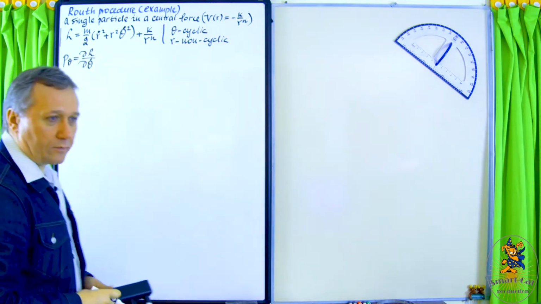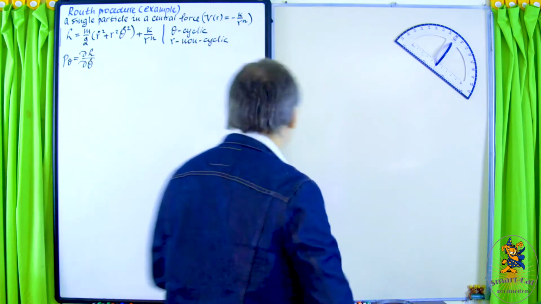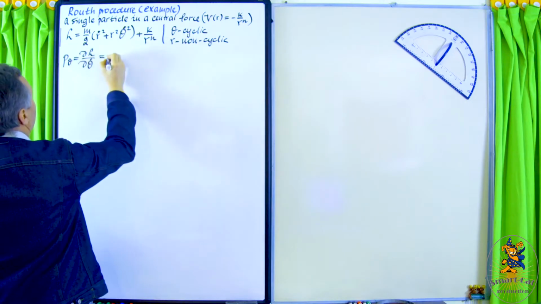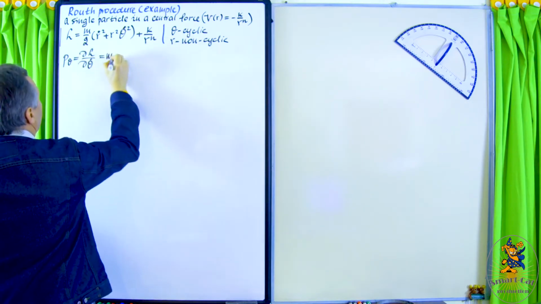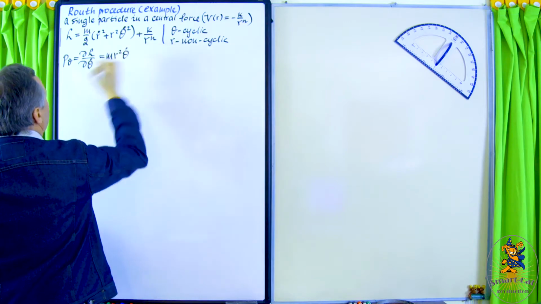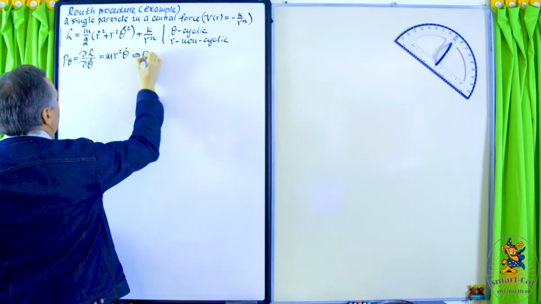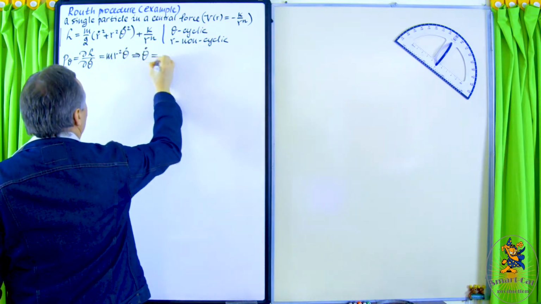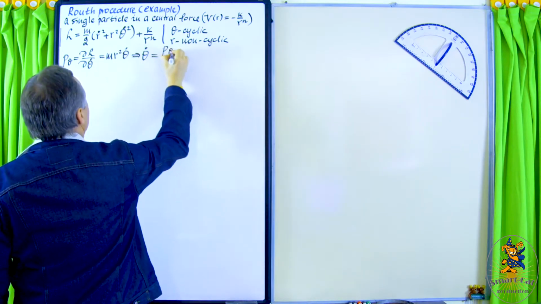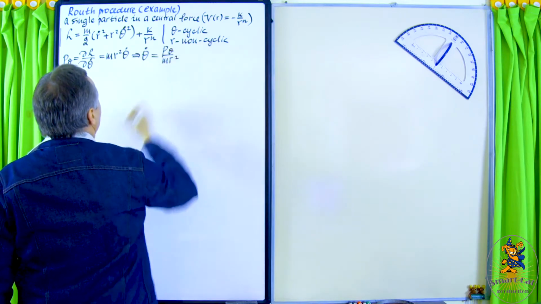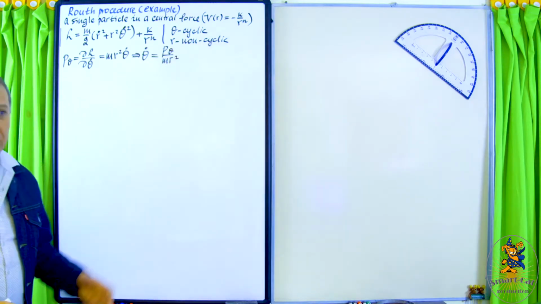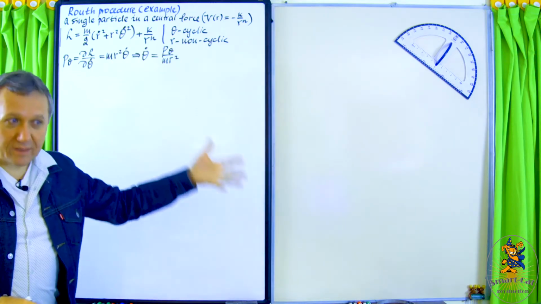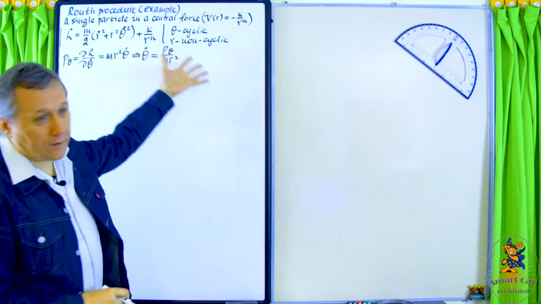In our case, it will be m r squared theta dot. From here we get the replacement we will need in a few minutes: theta dot equals p theta over m r squared. So our Routhian will depend on p theta, with theta cyclic and missing, and then r and r dot.